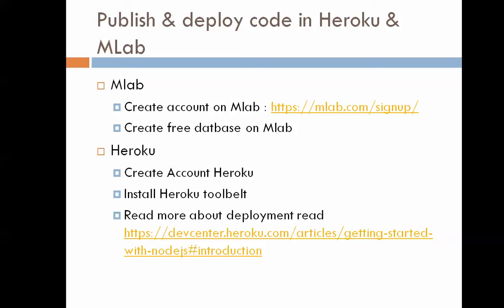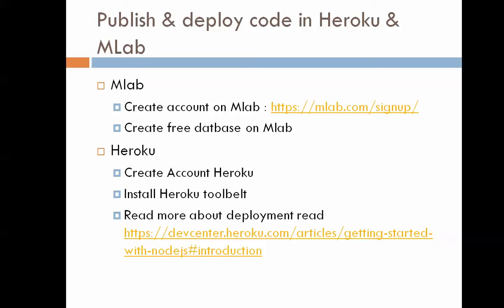As I mentioned, we have already installed the Heroku tool belt, which is required. Apart from this, we also need to install Git as a requirement of Heroku. Once this is done, we will use the Getting Started with Node.js introduction article.